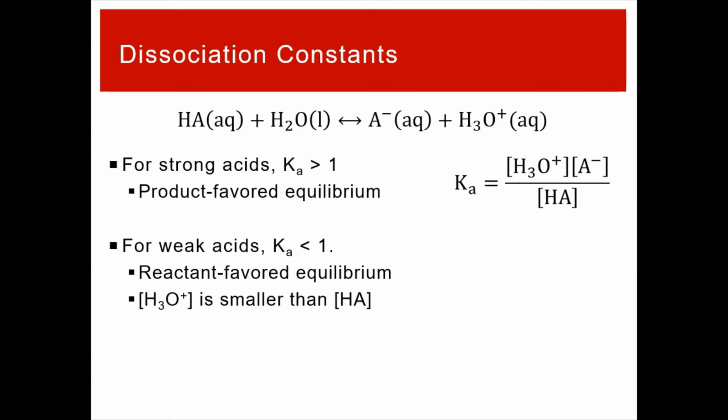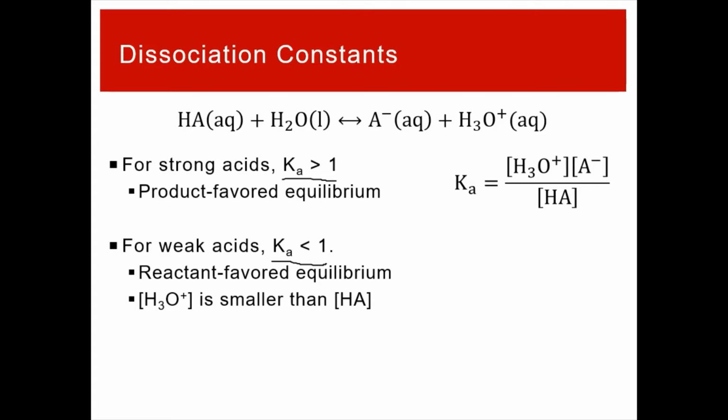Defining these dissociation constants, Ka, also lets us distinguish between strong and weak acids. So we've already said strong acids, when they react with water, go to products. That means the equilibrium constant, the Ka, is greater than 1. So it's a product favored equilibrium, and weak acids are distinguished by having a Ka that is less than 1.